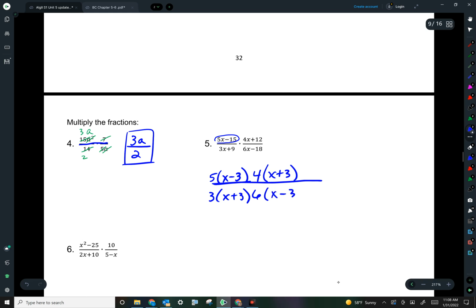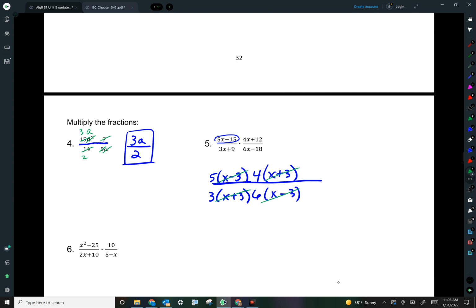Okay, now that I've got it all completely factored, I can start canceling factors. Notice I forgot a parenthesis. So this x minus 3 cancels with this x minus 3. Notice the x minus 3, even though the inside is subtraction, the parenthesis is the factor. So it's okay to cancel the entire parenthesis. I can cancel the x plus 3's.